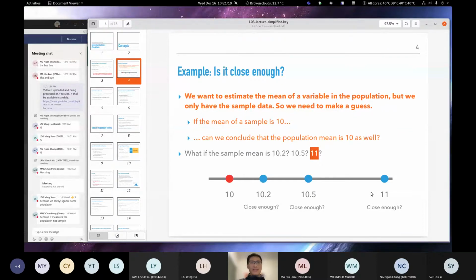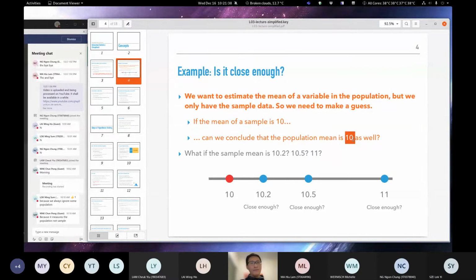So this example shows that when we try to estimate how accurate our answer is, we try to see how far our sample mean is from the number that we want to confirm.